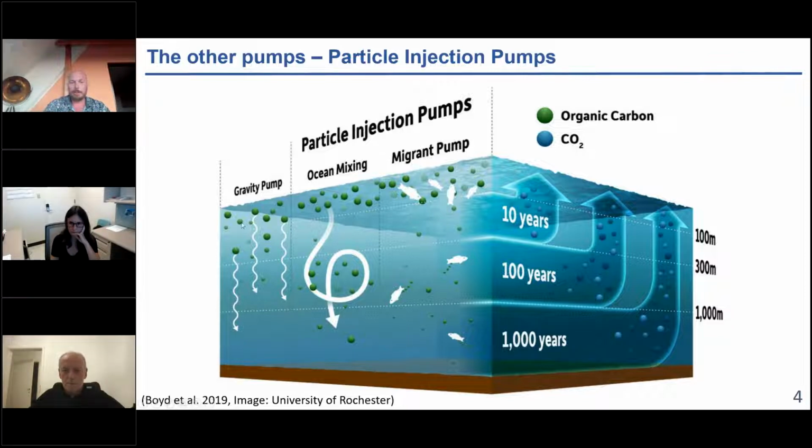And of course, when we really talk about sequestration of organic matter, it depends how deep organic matter is sinking down, and we can only really talk about things that reach deeper than 1,000 meters to really have significance in how long carbon is stored away from the atmosphere again.